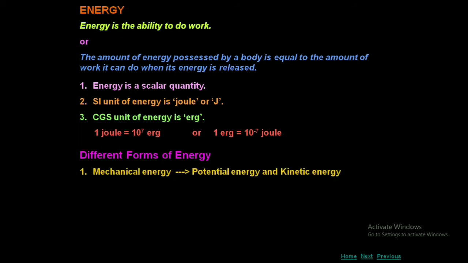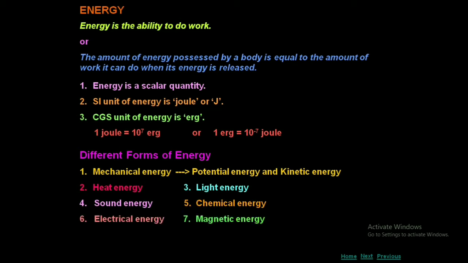Students, we can classify energy into different forms. Mechanical energy has two classifications: potential energy and kinetic energy. Second, heat energy, third one is light energy, sound energy, chemical energy, electrical energy, magnetic energy, nuclear energy.